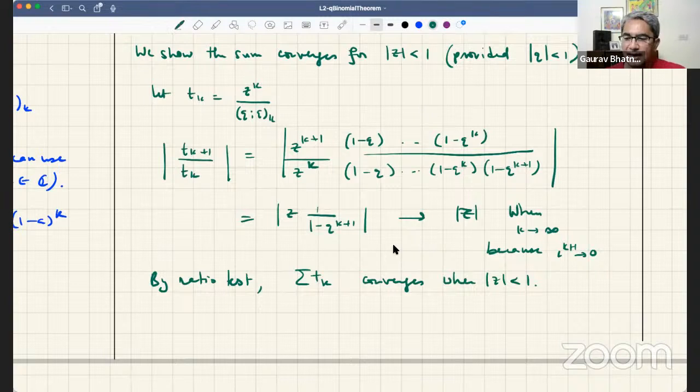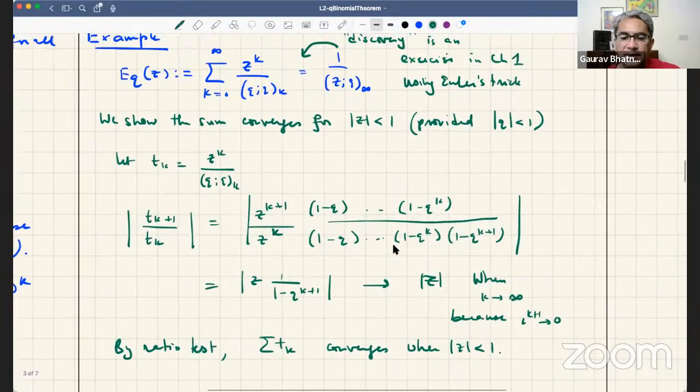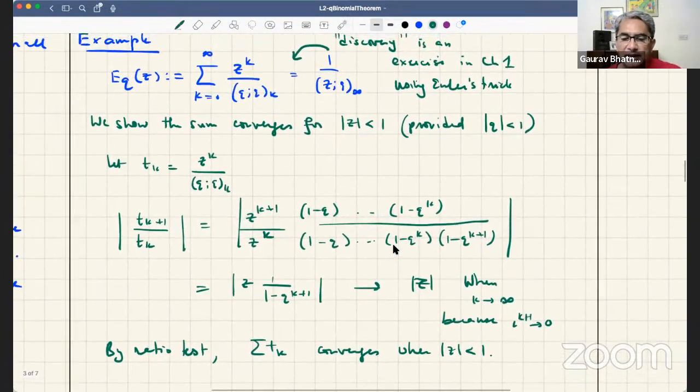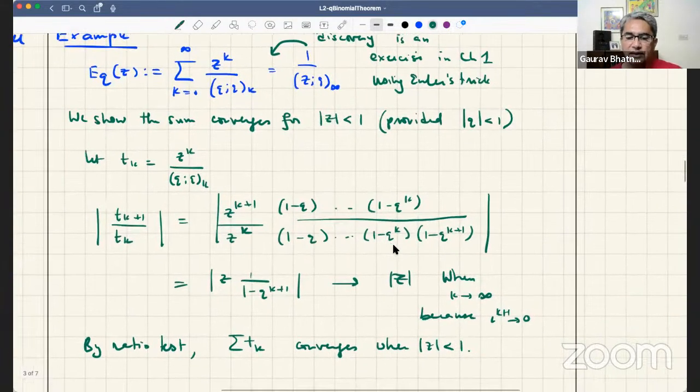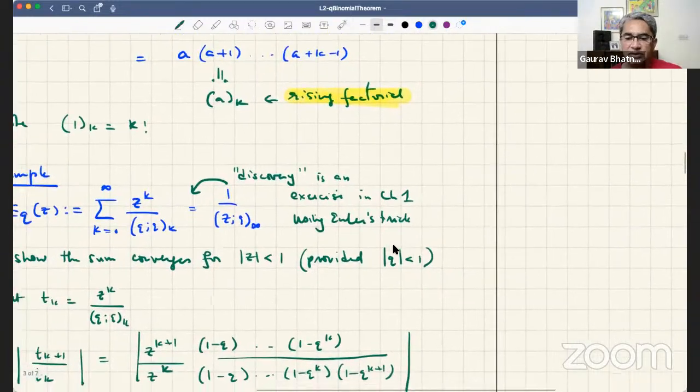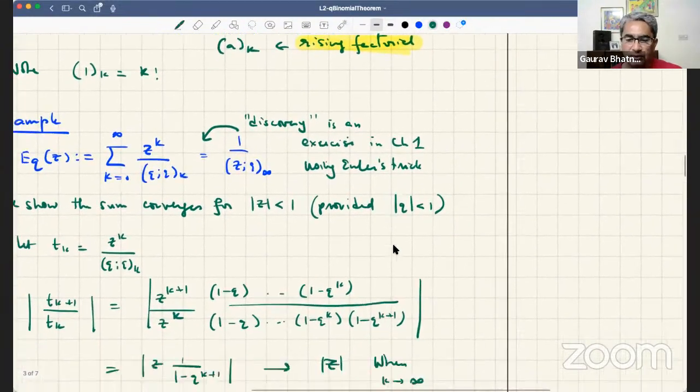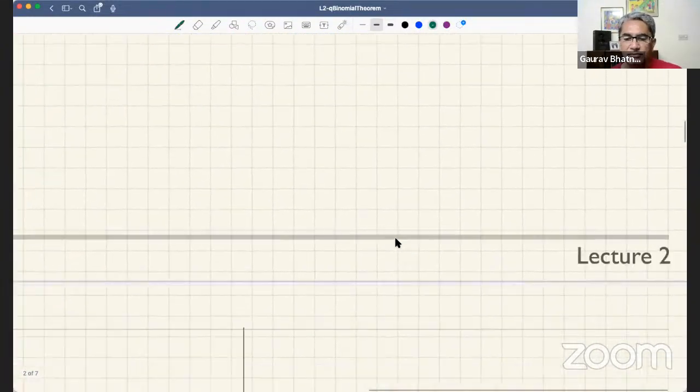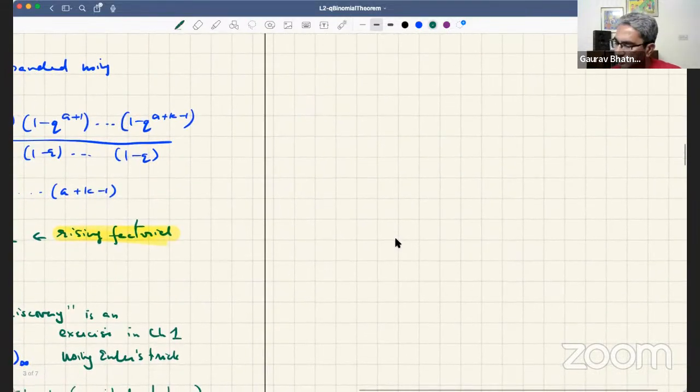This is about as tough a convergence test as is required in almost all of q-series, so it's quite important to understand how to do this. This is as tough as it would get in most of q-series as far as convergence of series goes, and products will also be very similar, which we will come to at some point.